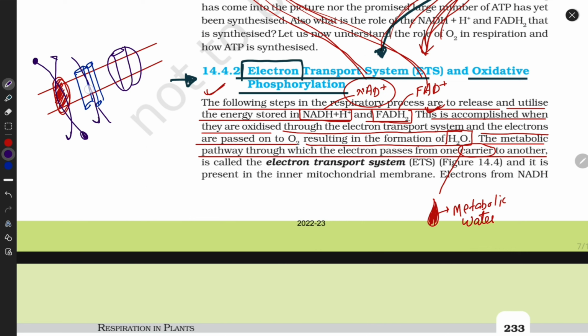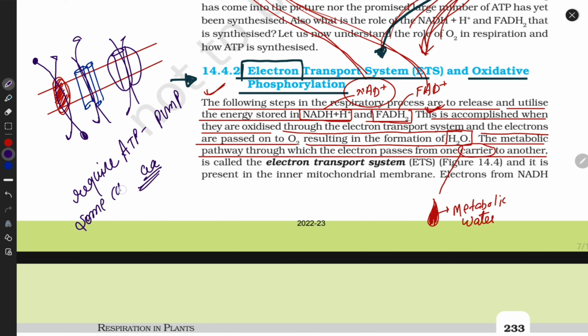They transport molecules, ions, minerals, glucose, amino acids, etc. Some carriers require ATP, like pumps, and some carriers do not require ATP. We call it a channel and carrier also.